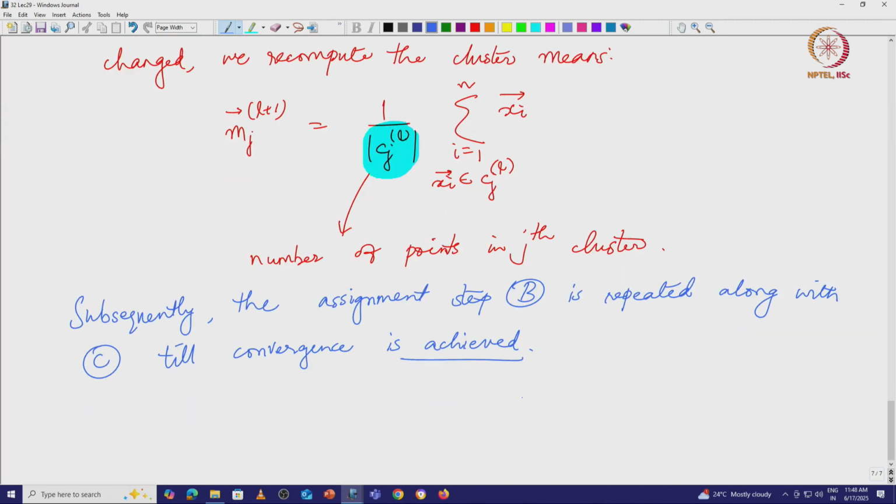Okay, so that terminates the k-means algorithm, and I again want to emphasize that there is some randomness in this algorithm.